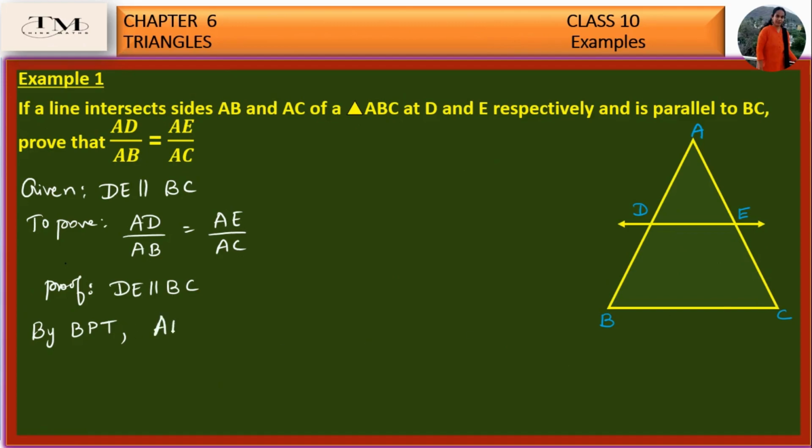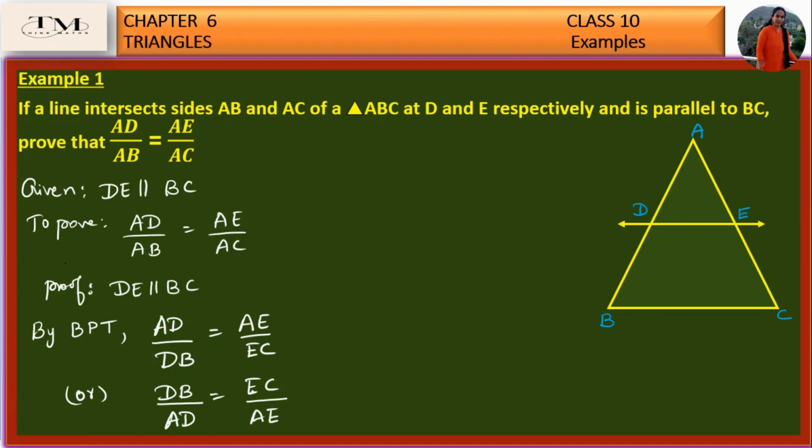This can also be written with the numerator and denominator interchanged on both sides. If you divide 1 by these, the numerator and denominator are interchanged. So, we can write it as DB by AD equal to EC by AE.